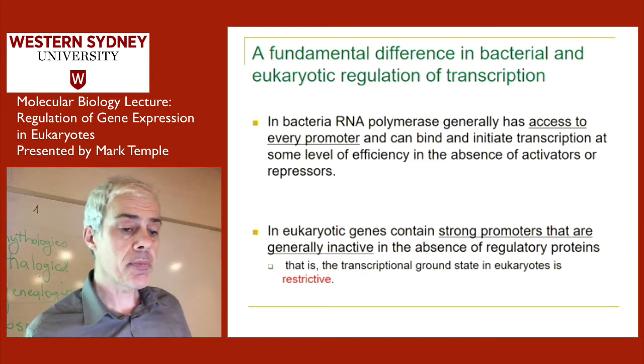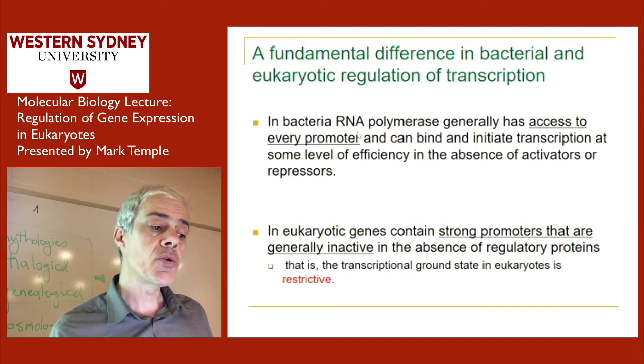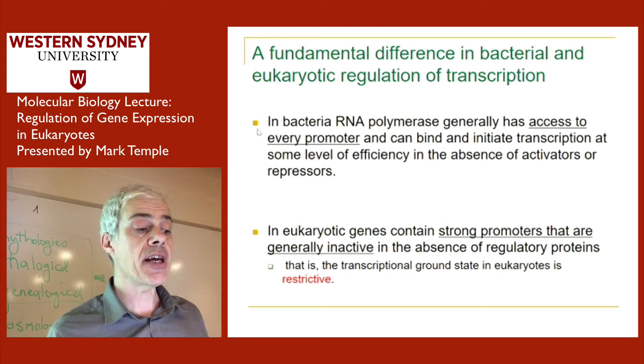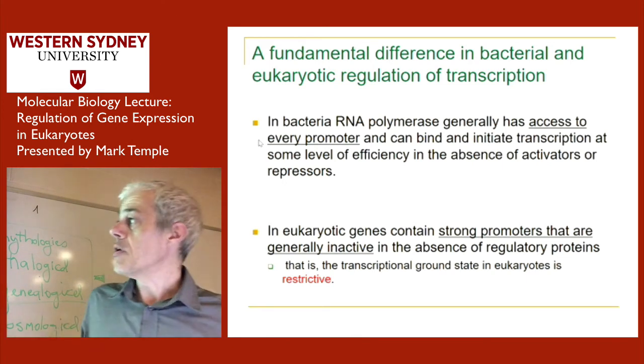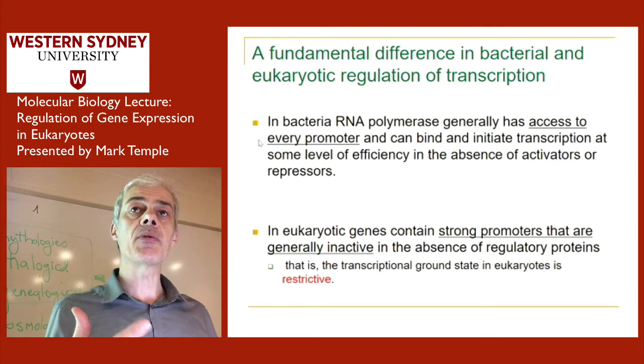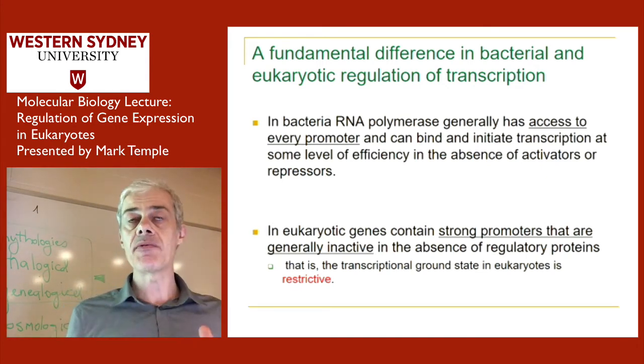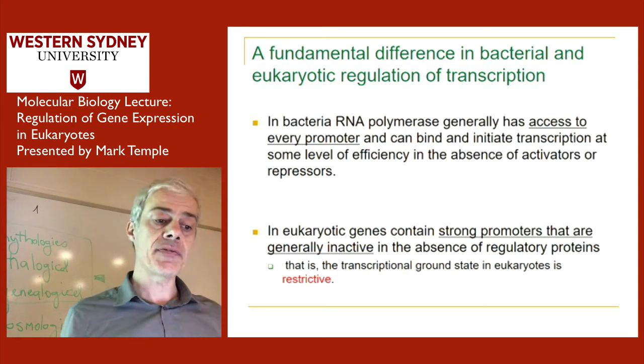In bacteria, the RNA polymerase has access to all of the promoters, because in prokaryotes the DNA isn't packaged up in chromatin. It's a smaller amount of DNA, it's not tightly packaged, and it's fairly accessible.